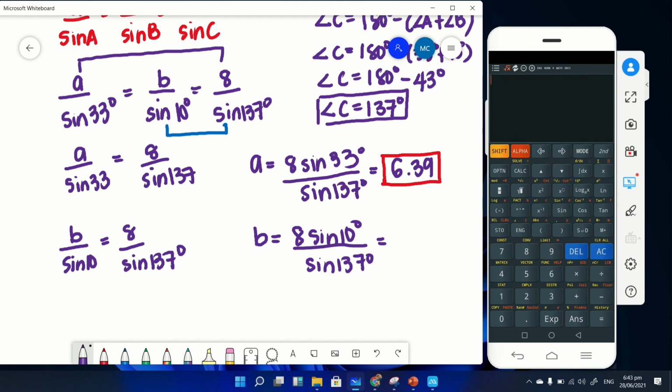So we have now 8 sine 10 all over sine 137 degrees. And the answer is 2.04. Okay, so this is now the measure of side B. Okay, so that's how you solve using the law of sines.